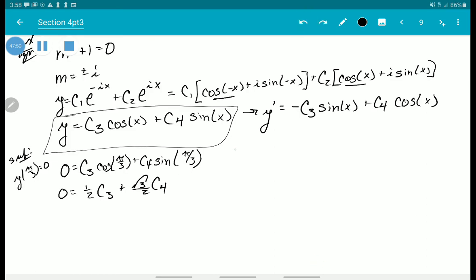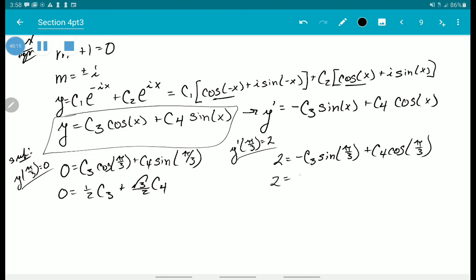And then if we substitute in y prime of pi over 3 is equal to 2, that's that second initial condition, we're going to have 2 is equal to negative c3 sine of pi over 3 plus c4 cosine of pi over 3.